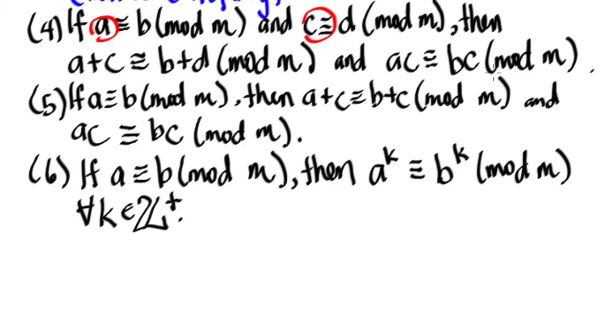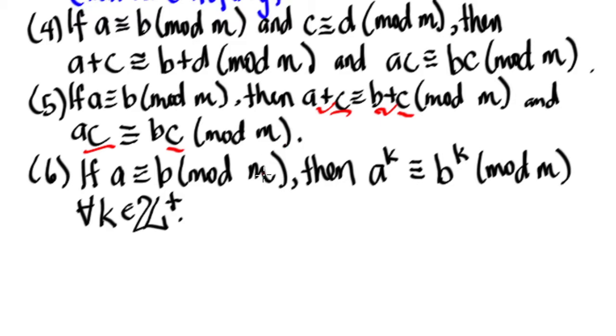For number 5, it states that if a is congruent to b mod m, so there's no other congruence relation, then if we have a certain c in the integers, a plus c is congruent to b plus c mod m. So we simply add the same integer to both sides of the congruence, and it will still yield a congruence. This doesn't only follow in addition, it also follows in multiplication. So a times c is congruent to b times c mod m.